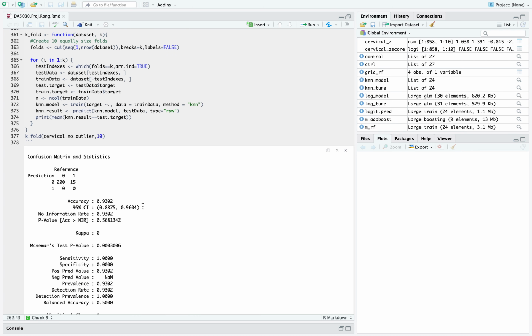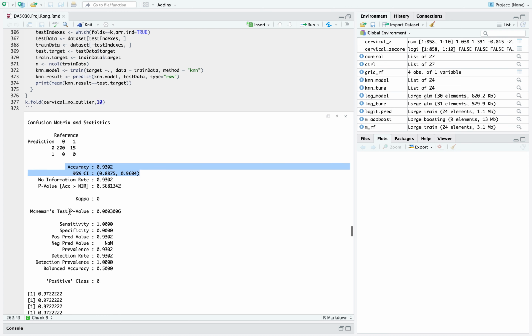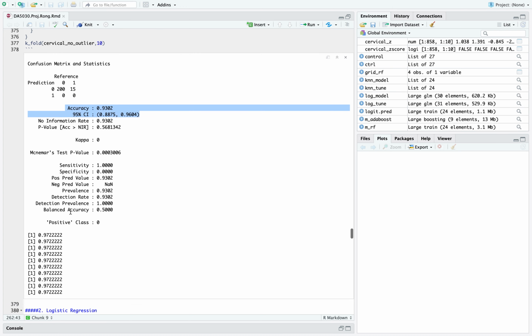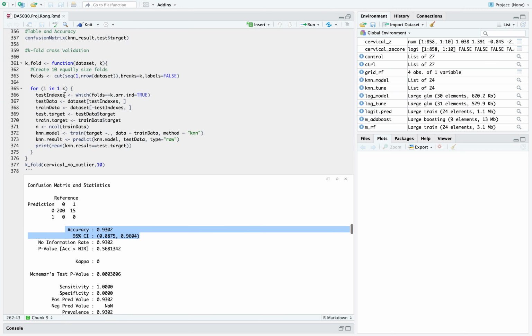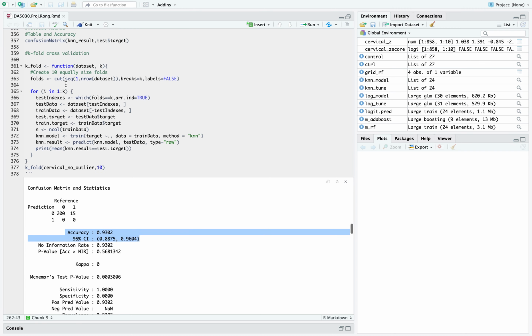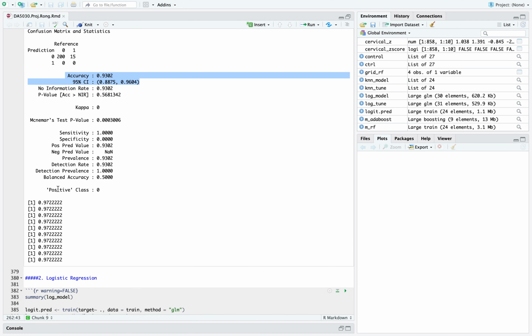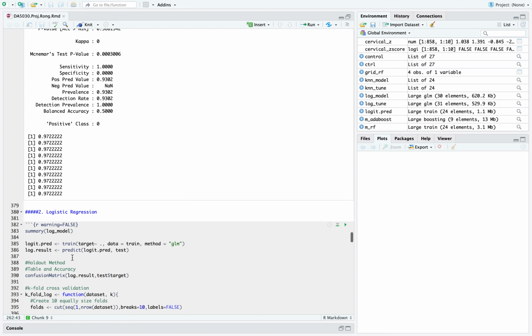We also get a 95% confidence interval here. I also did tenfold cross validation here, and you can see the accuracy is very high.